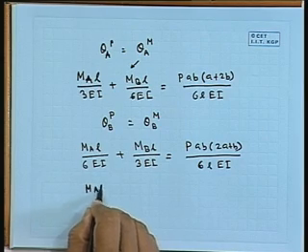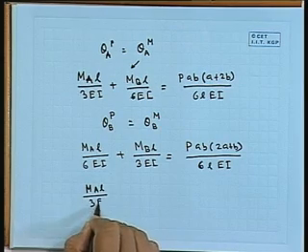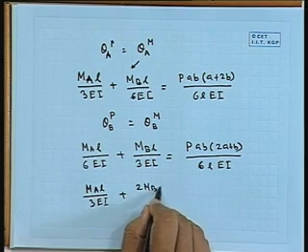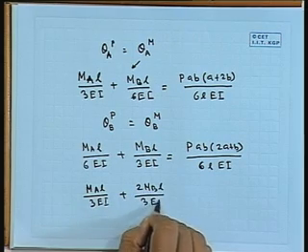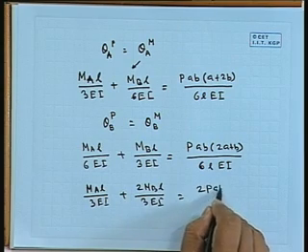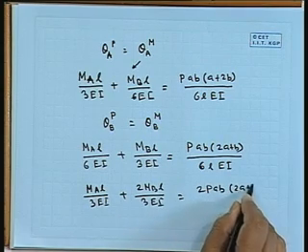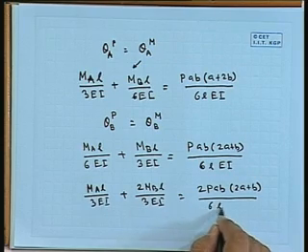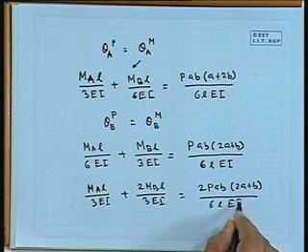It will be MA L by 3 EI plus 2 MB L by 3 EI, equal to 2 P A B (2A + B) divided by 6 L EI.